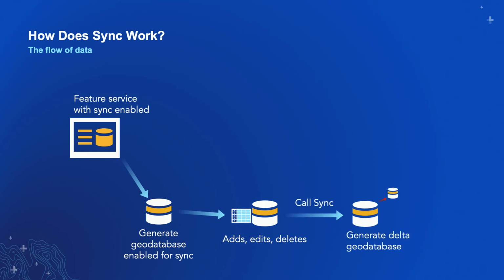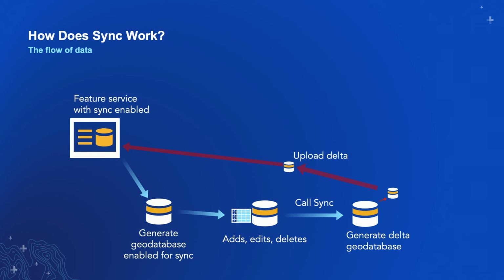Now, when your application calls sync, Runtime goes into that database and pulls all of those changes out and generates a small change set, or a delta geodatabase, as we call it. It then uploads this delta geodatabase back to the feature service, telling the service, these are the changes that the client made on the device.